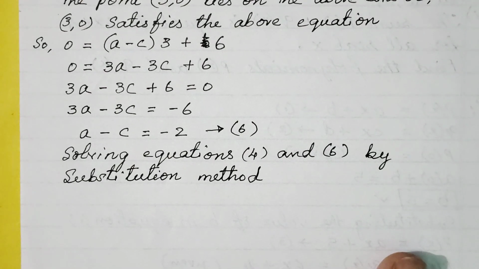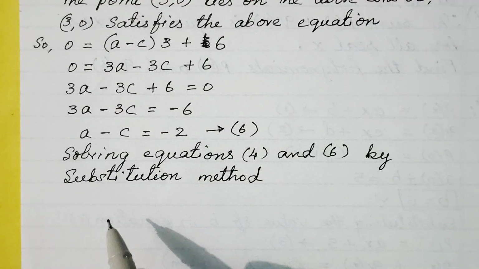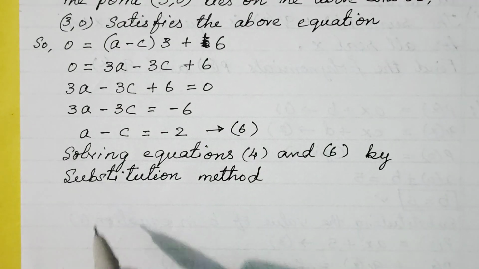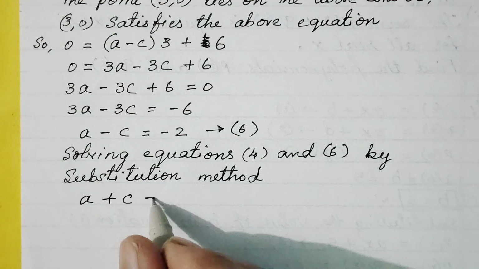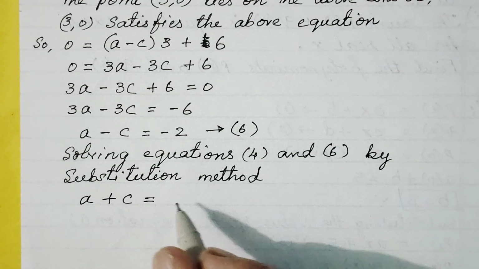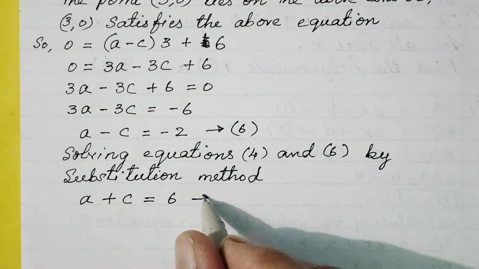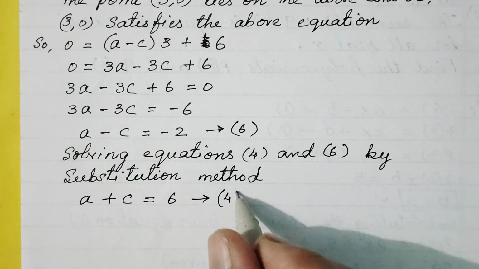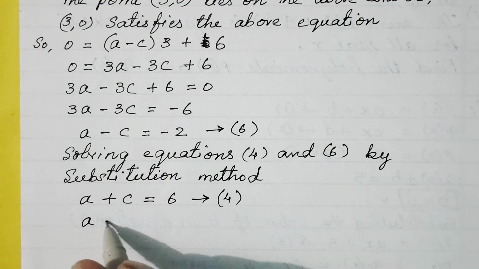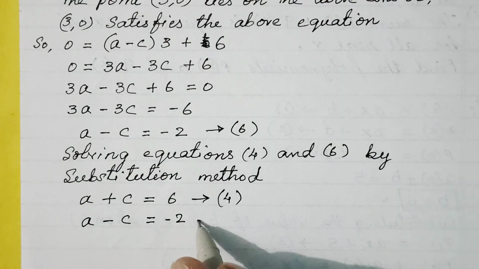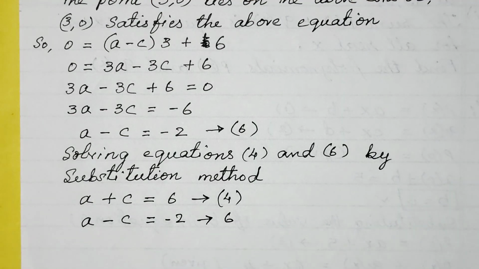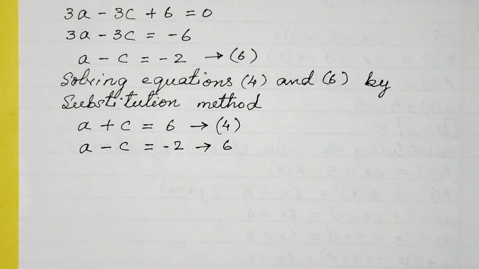So equations 4 and 6 are: equation 4 is a plus c is equal to 6. This is equation number 4. And a minus c is equal to minus 2. This is equation number 6. So now we will solve these two equations by means of substitution method.